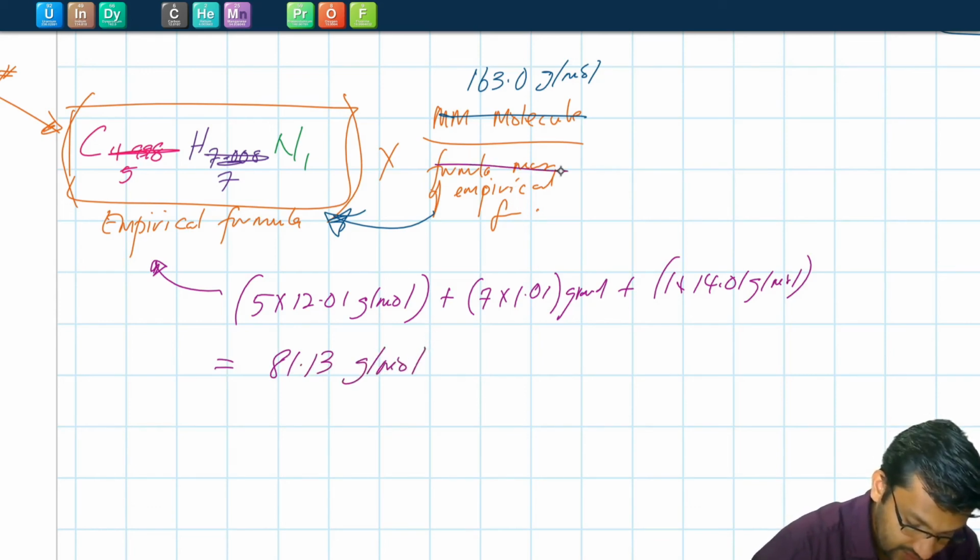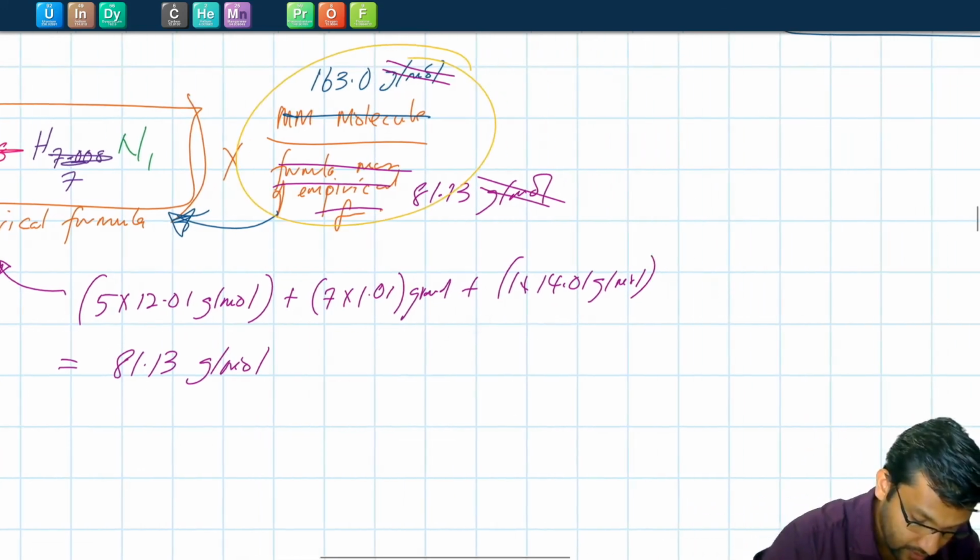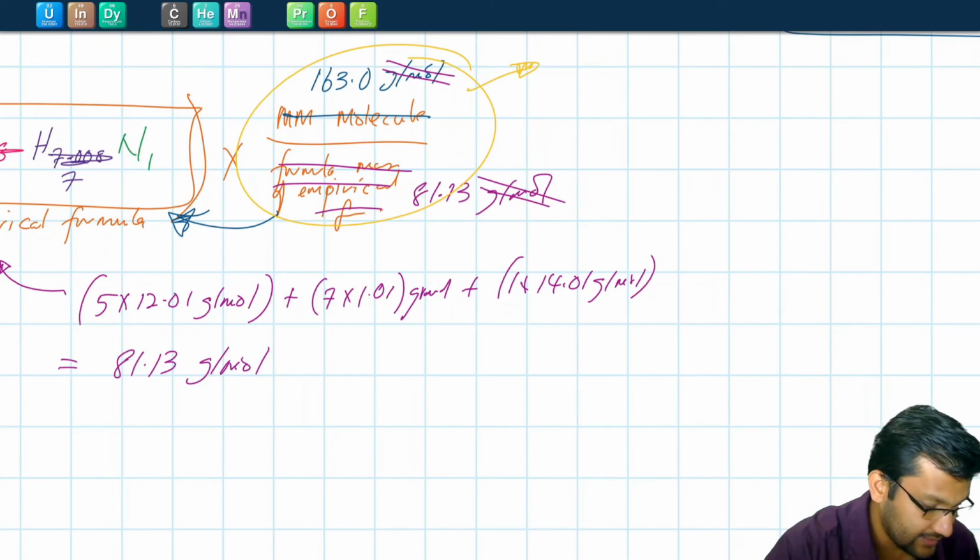So we have 163.0 grams per mole divided by 81.13 grams per mole. As always, the grams per mole will cancel out. And if we do our math just for this part, we end up with a number close to 2.